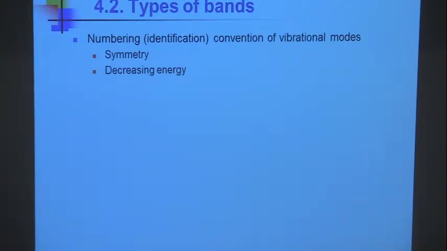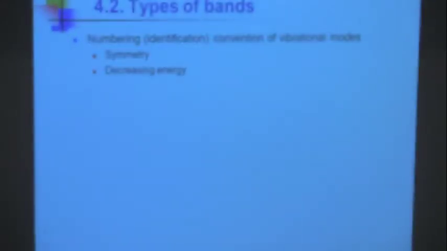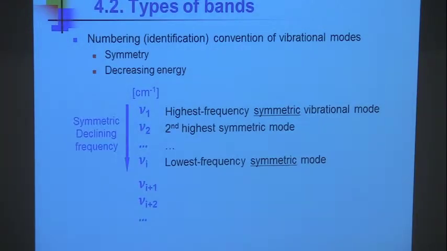How we identify or characterize these bands is through symmetry and energy. So this is like the Bible for how you keep track of the nomenclature for vibrational motions. We use nu typically to give us the name of the frequency. Nu1 would be the highest frequency symmetric motion. Nu2 would be the second highest symmetric mode, until we finally run out of symmetric modes and we go into the asymmetric down here.